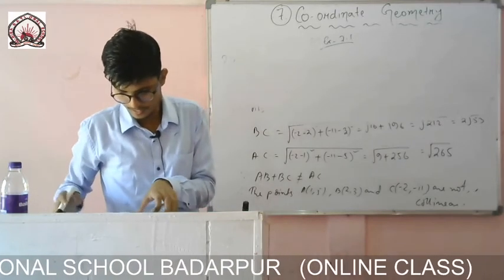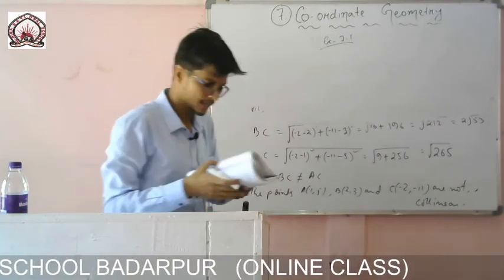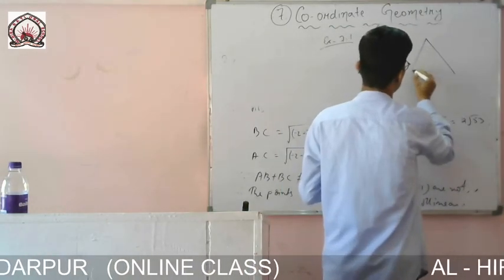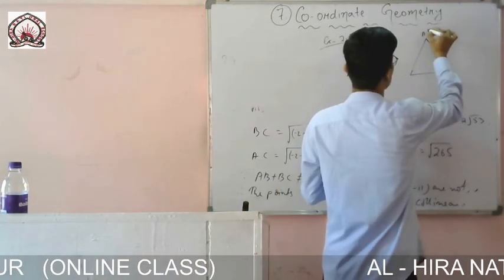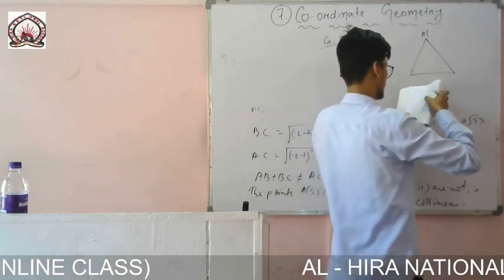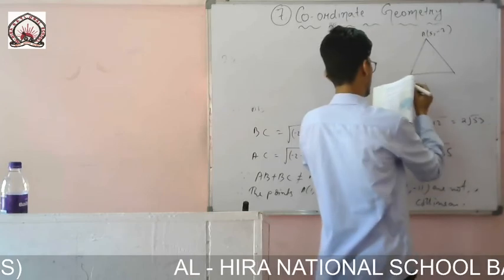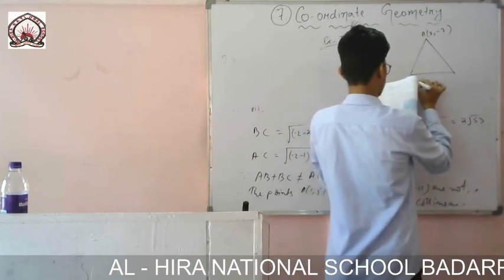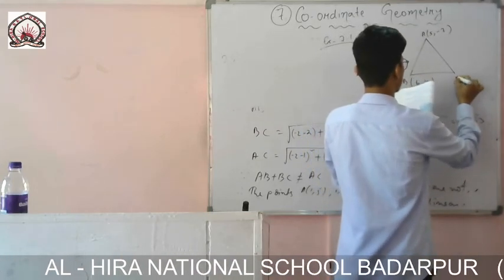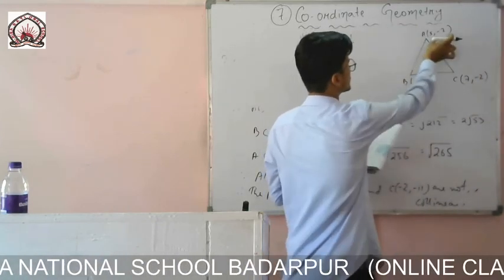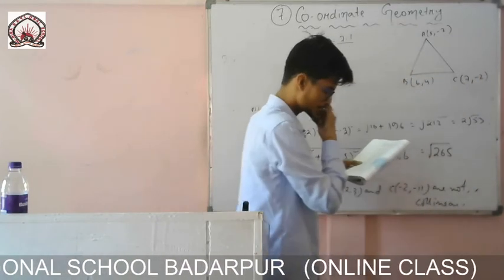These 3 points are given. Here it is given that these are the vertices of a triangle. So if I draw a triangle like this, and if I name them A, what is given here, 5 comma minus 2, then B it is 6 comma 4, and C it is 7 comma minus 2. So these 3 are the vertices of that triangle.